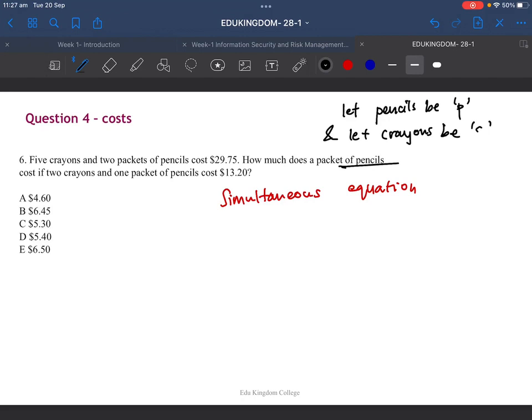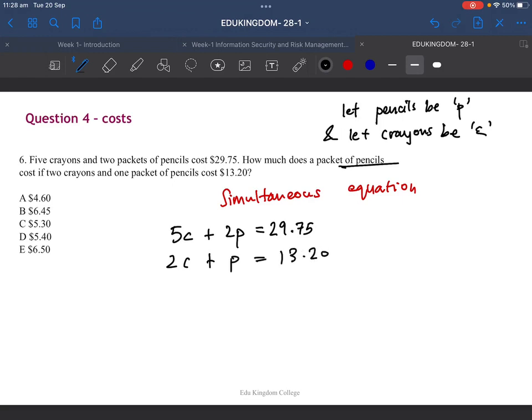I'm just going to establish it like that, and you guys should write it down like that as well. So after we've done that, let's have a look at the question of 5C or 5 crayons and 2 packets or 2 P's costs how much? $29.75. Next, we have 2 crayons and 1 packet, or just P, equals to 13.20.